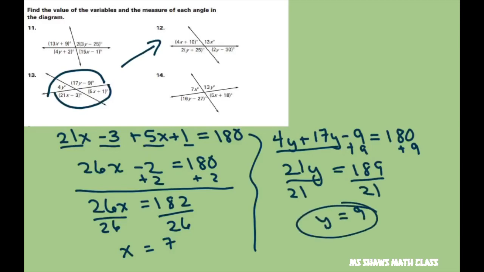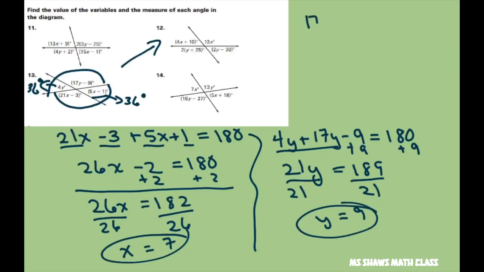So we did our x and our y. Then we just have to plug it in. For my y, I'm going to plug it into this one. If I plug in y, I get 4 times 9. So this should be 36 degrees. This one should also be 36 degrees, which if you just take a look at 5 times 7 plus 1 is 36.